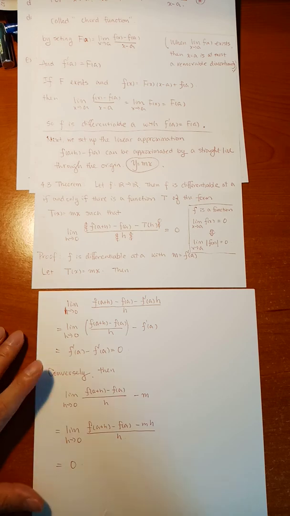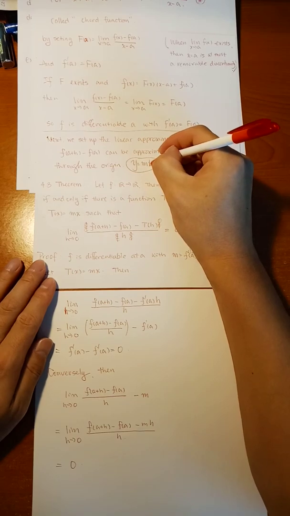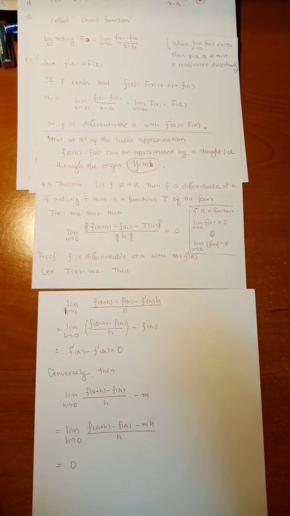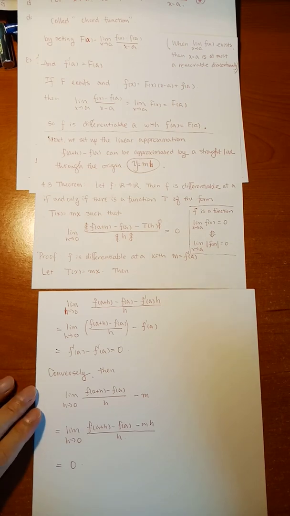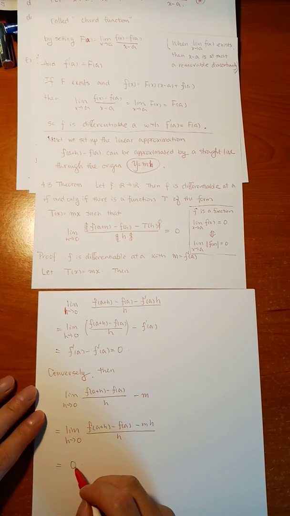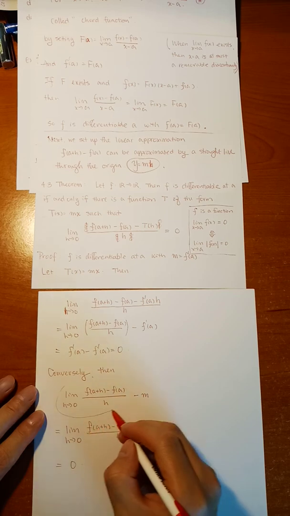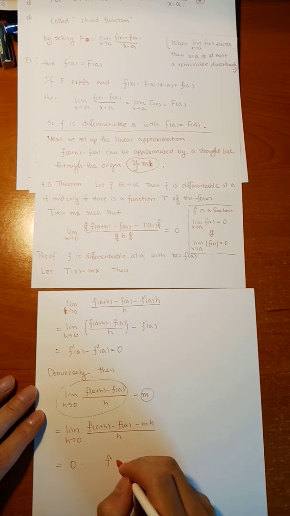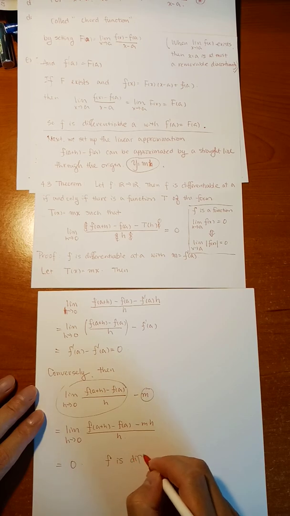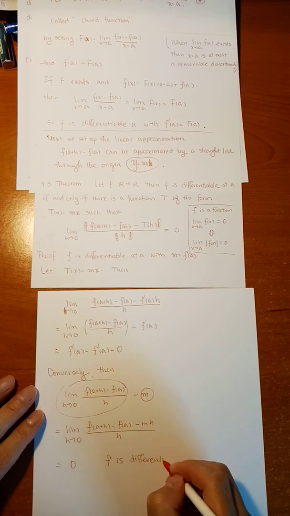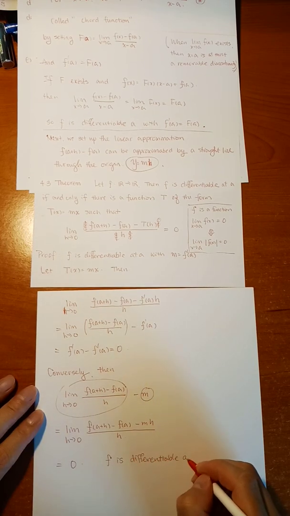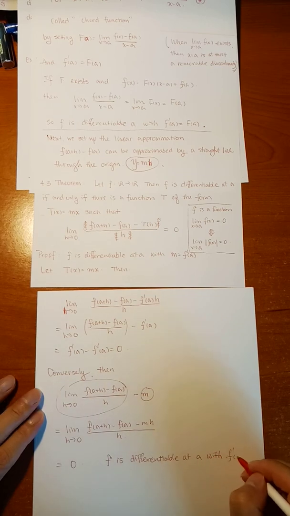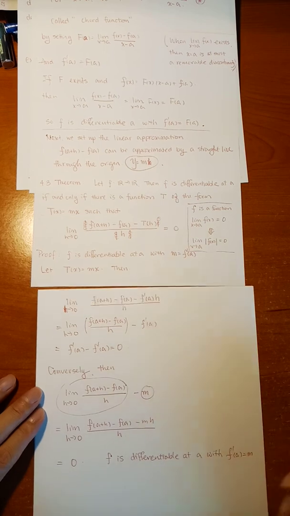Here is mh, in terms of h, the difference. This one limit is 0, so it means this limit is equal to m. The limit exists, so f is differentiable at a with f prime of a equal to m.